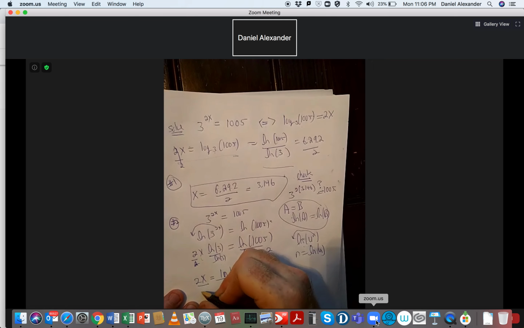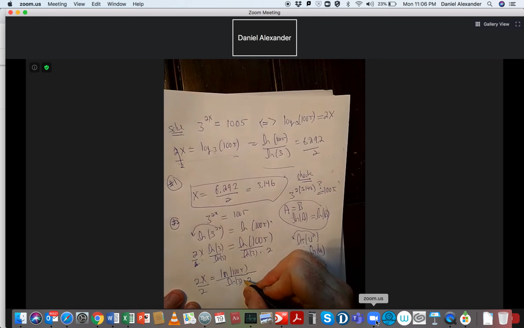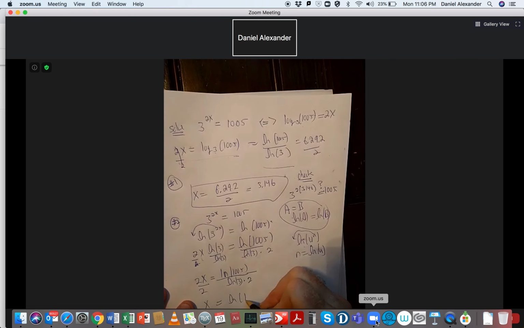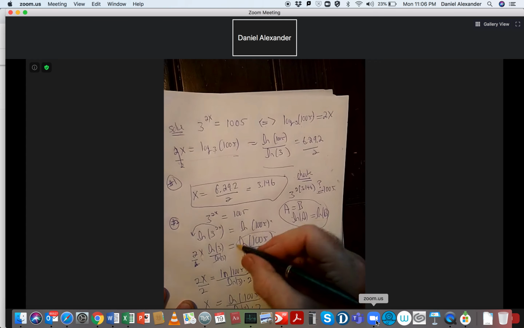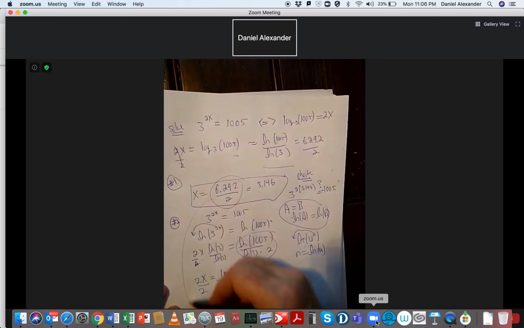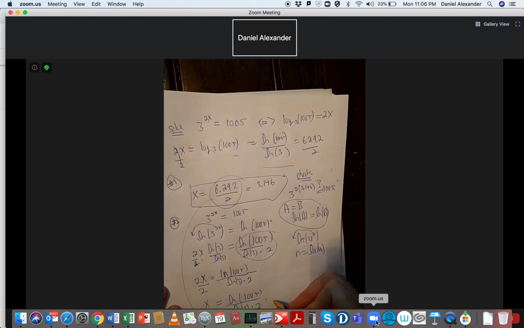And now I divide each side by 2. So I get x is equal to the natural log of 1005 over the natural log of 3, divided by 2. And that's going to be the same as before. If you go through, I'm going to get 3.146.